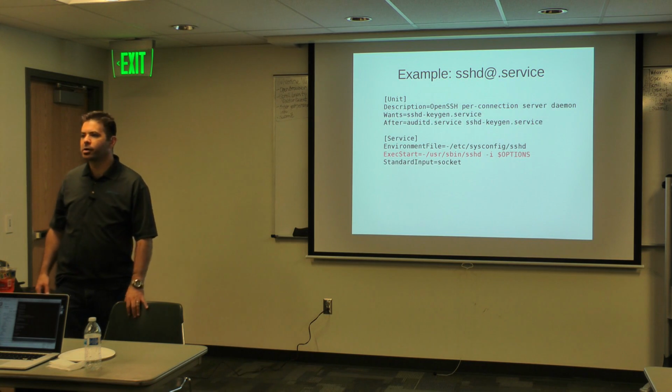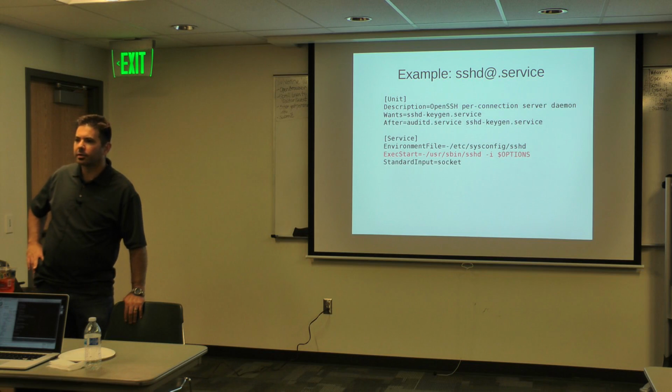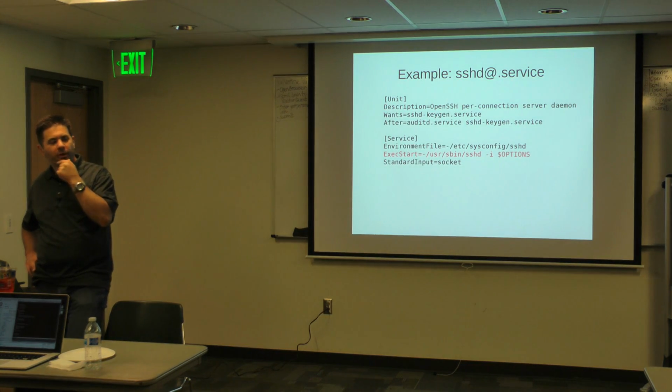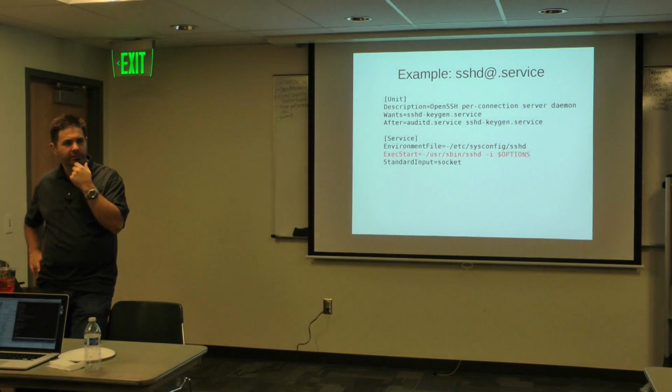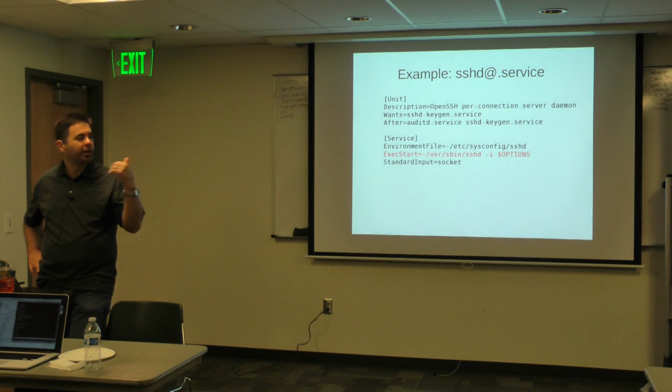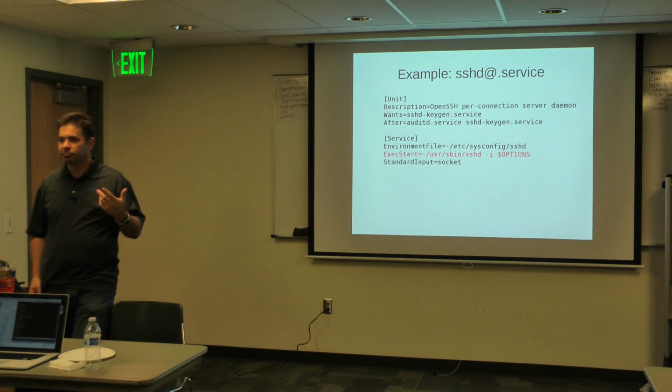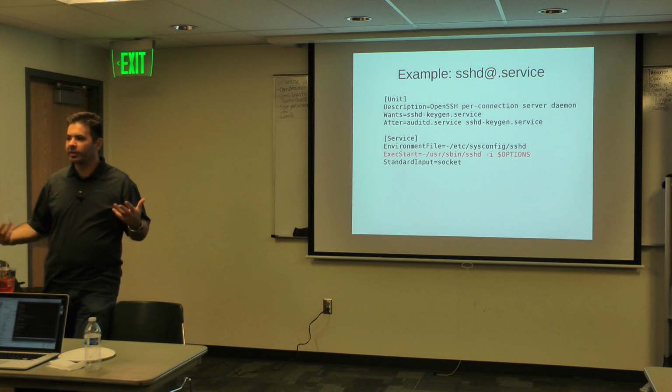I was just wondering, in this case, is it forking or is it actually creating another whole process per connection? I think that we were talking about depending on the parameters that you send to it. I think in this case it's creating a whole new process. So you would have an SSHD process for every connection that comes in, because that's the way inetd works.